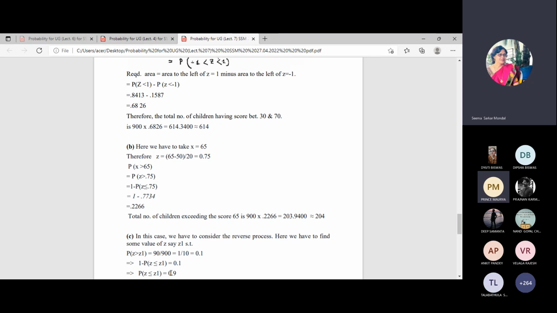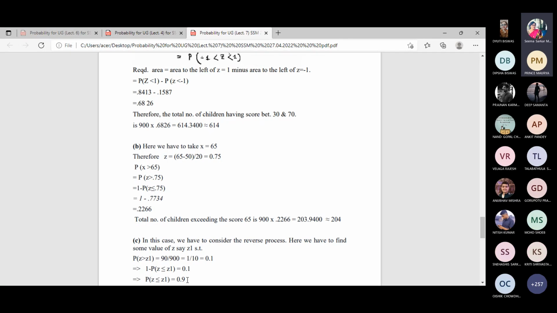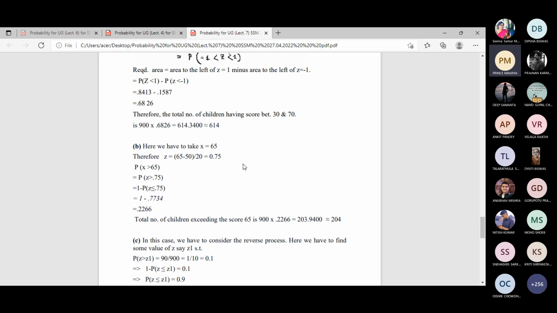And now you can find, is there any area corresponding to 0.9? Can you find any area which is equal to 0.9 or very close to 0.9? Ma'am, Z equals 1.28. What is the area you are seeing?